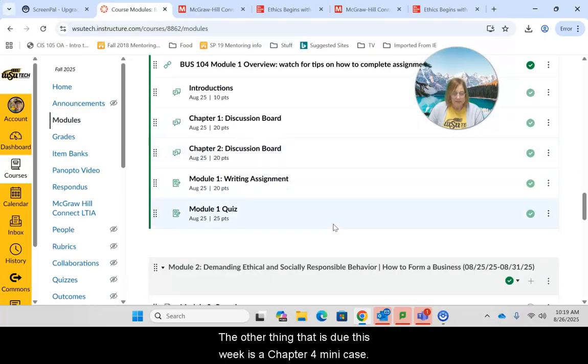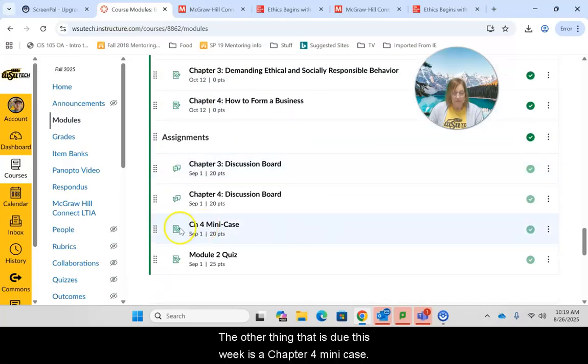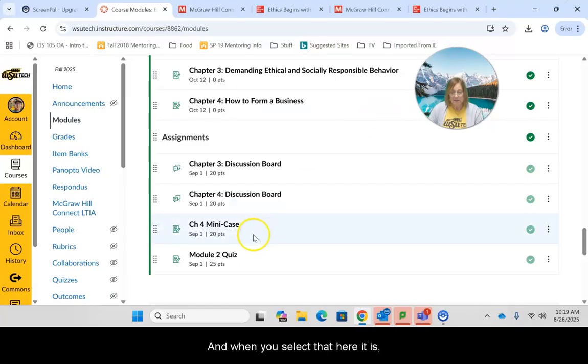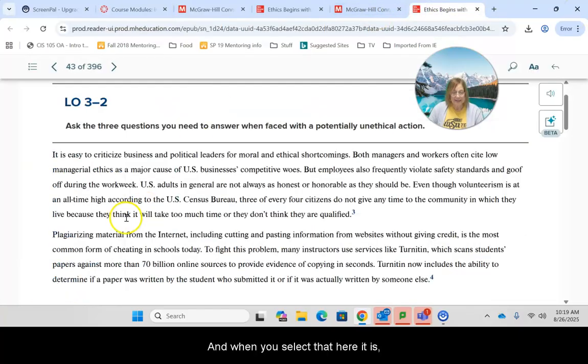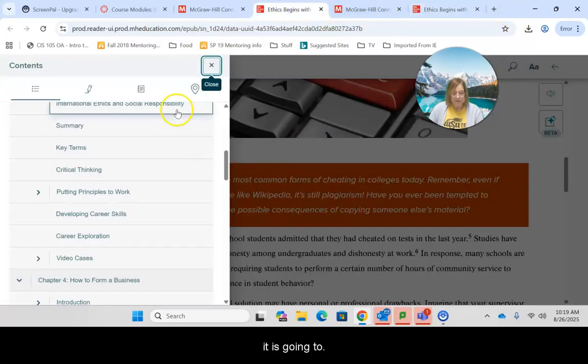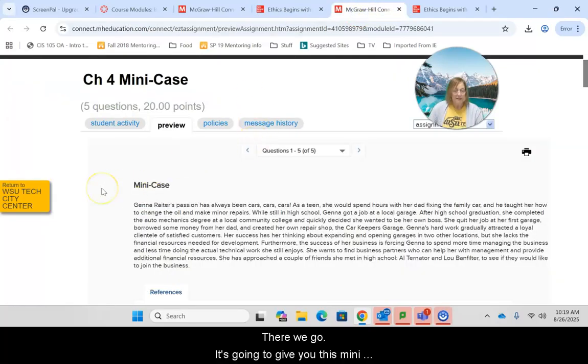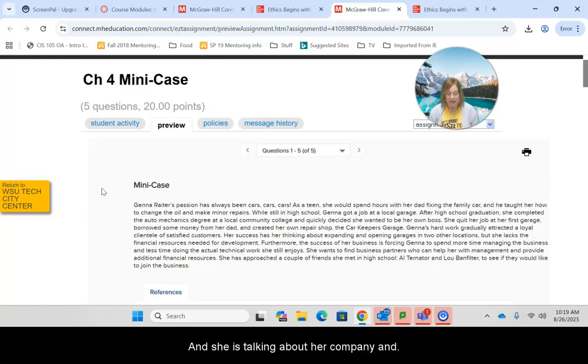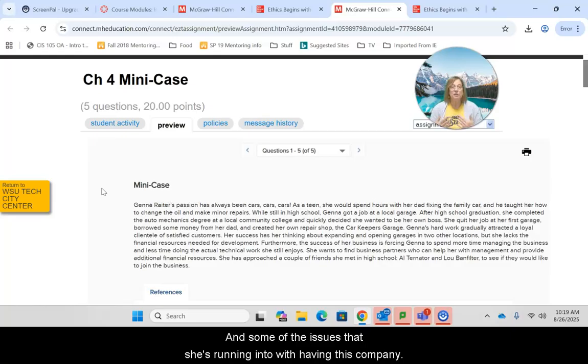The other thing that is due this week is a chapter 4 mini case. And when you select that, here it is. It is going to give you this mini case that pops up, and you need to read through this mini case. And it's all about Gina Rader's passion has always been cars, cars, cars. And she is talking about her company and some of the issues that she's running into with having this company.